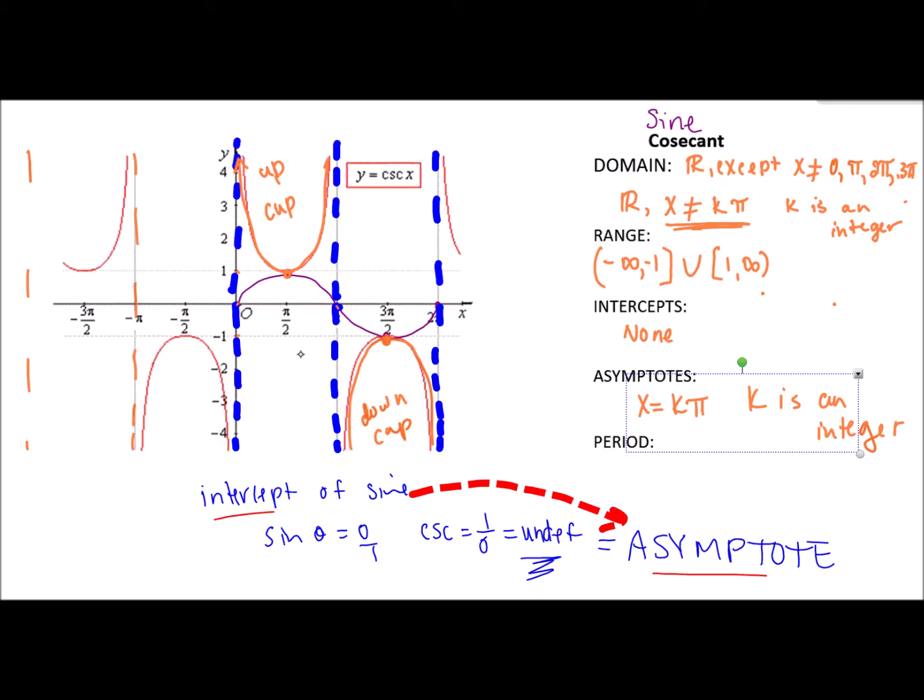And then the period for cosecant is the same as the period for a regular old sine at 2 pi. If there's a change in the period of the sine, then the cosecant always has the exact same change. All right, that's cosecant.